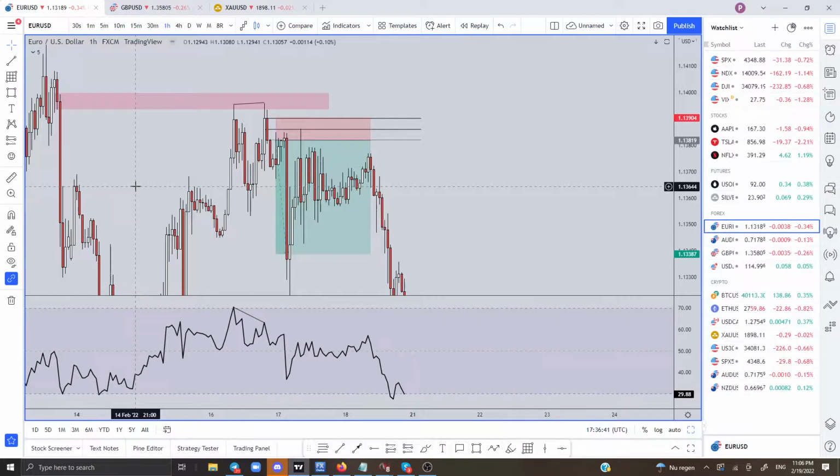Today we are going to discuss a simple topic, divergence. Divergence is a setup which you can easily spot in the market, right? But you have seen some of the divergences work and some of them don't.